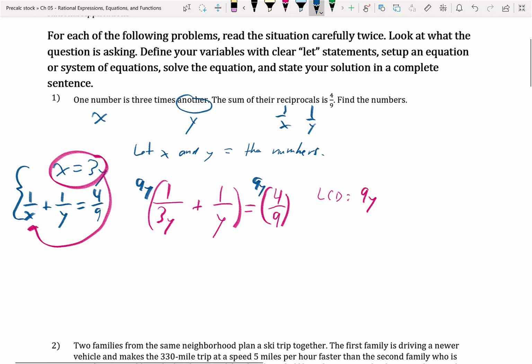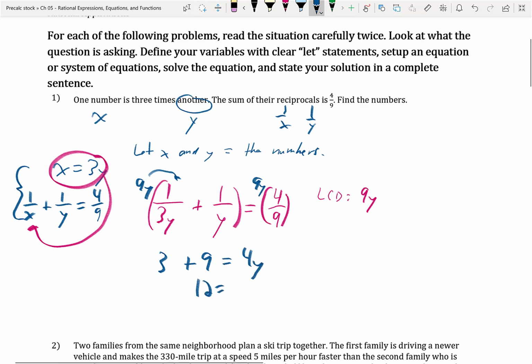So if I multiply the left side by 9y, the 9y is going to distribute. It's going to divide with the 3y to give me a 3. And I get 3 plus, then it's going to divide with the y, and that's going to cancel that out to give me a 9 equals 4y.